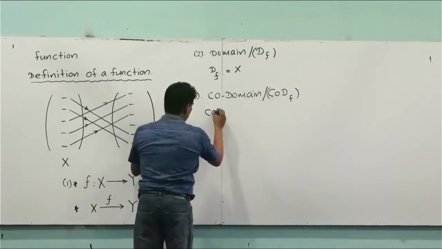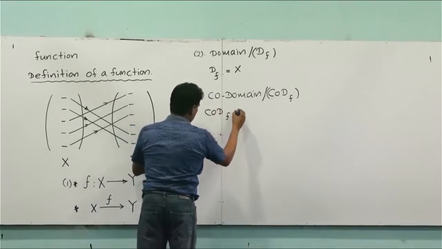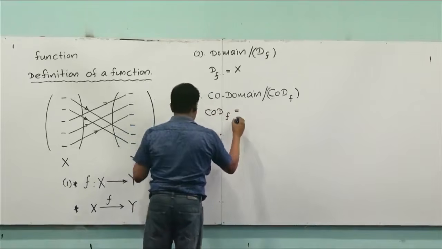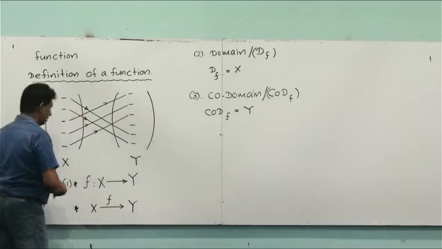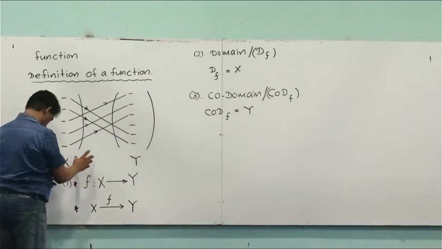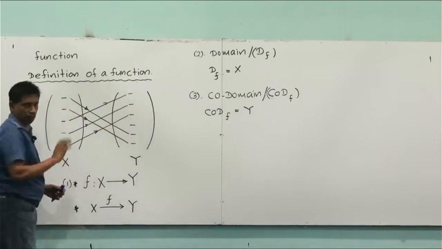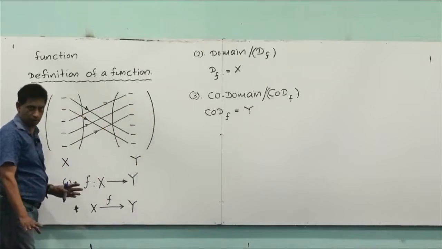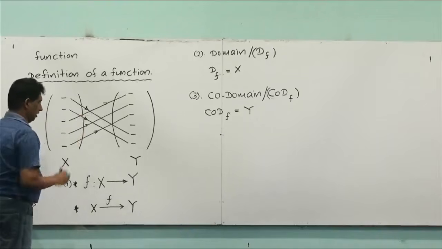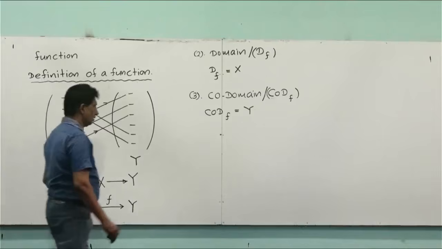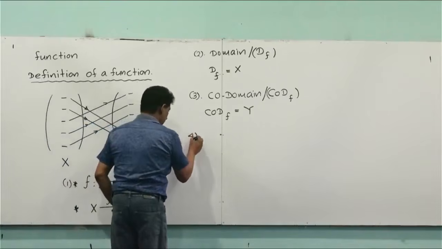Then codomain of a function means the second set, that means capital Y, right? Then the first set is called domain, the second set is called codomain, right? Is it clear? Domain and codomain, right?